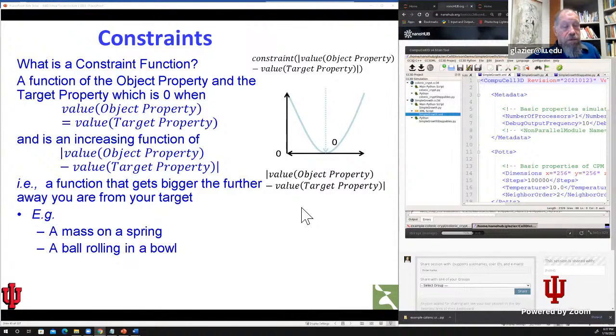A classic example of this is suppose that I have a hemispherical bowl and I take a marble and I drop the marble. Gravity will pull the marble down, and eventually, when dissipation happens, the marble will land and stop at the bottom. So you can think about a constraint as a shape in some abstract space that's pushing you in the direction of satisfying the constraint.